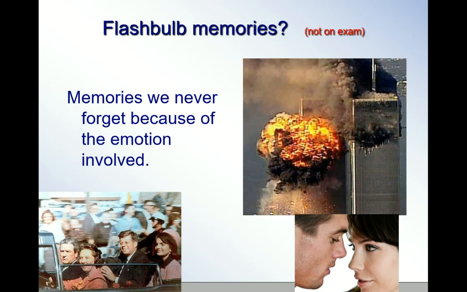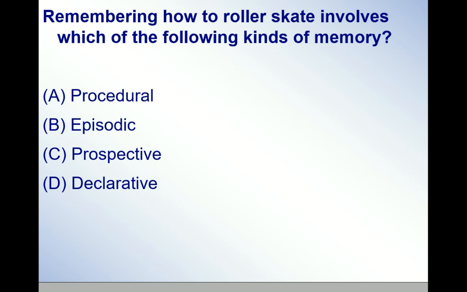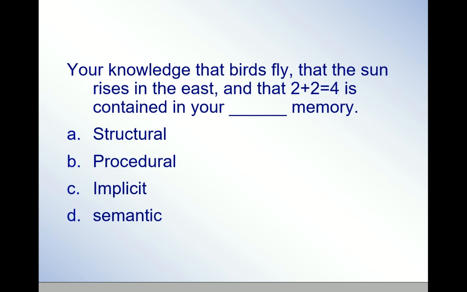All right. So, remembering how to roller skate. The answer is procedural memory. Remembering that one time you went roller skating, that's episodic memory. All right, your knowledge that blah, blah, blah. The answer is semantic memory.